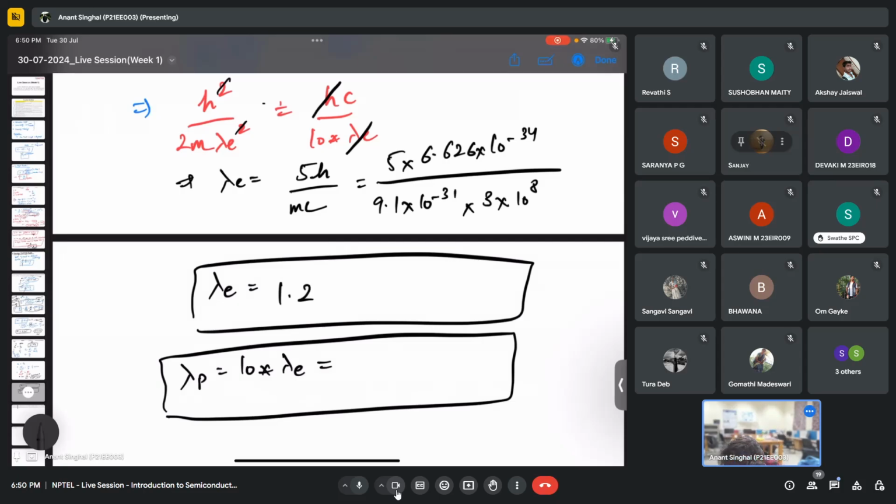What I'm getting is 1.21 into 10 to the power minus 11 meter. So basically, lambda p will be 1.21 into 10 to the power minus 10 meter. Are you all getting the same?